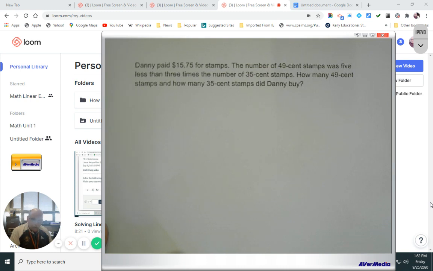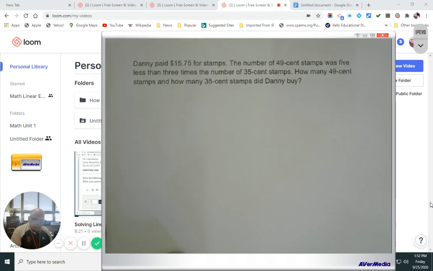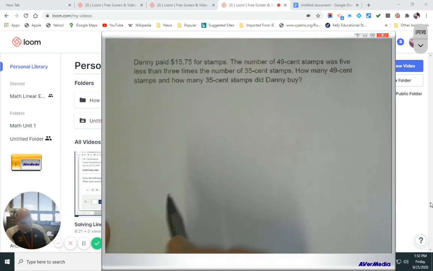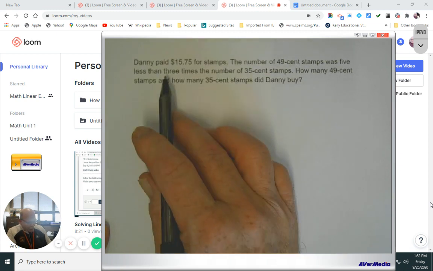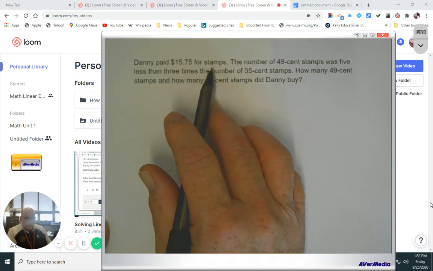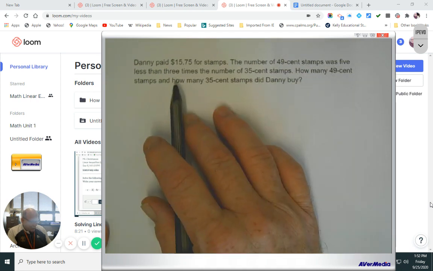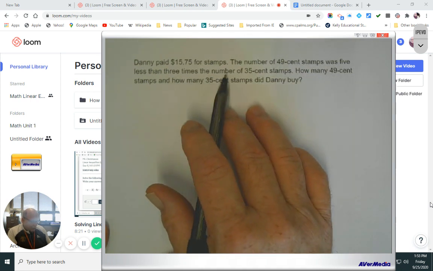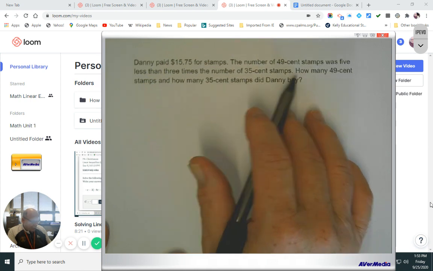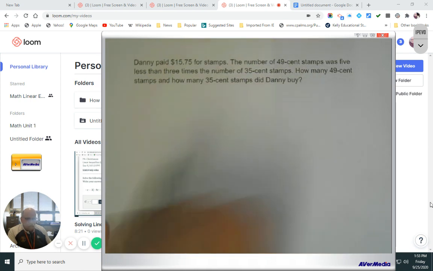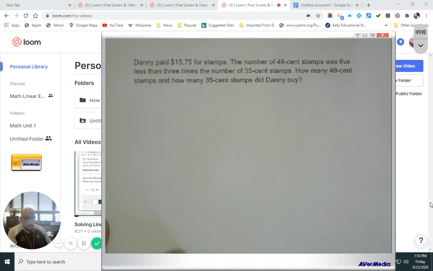Well, a stamp problem is done in a very similar fashion. Danny paid $15.75 for stamps. The number of 49-cent stamps was 5 less than 3 times the number of 35-cent stamps. How many 49-cent stamps and how many 35-cent stamps did Danny buy?